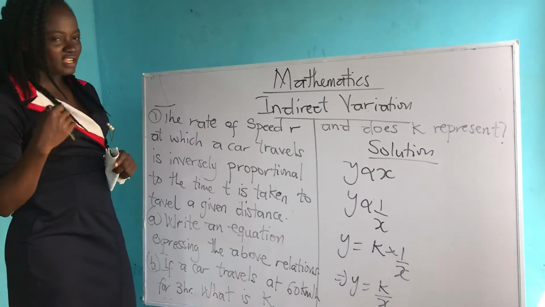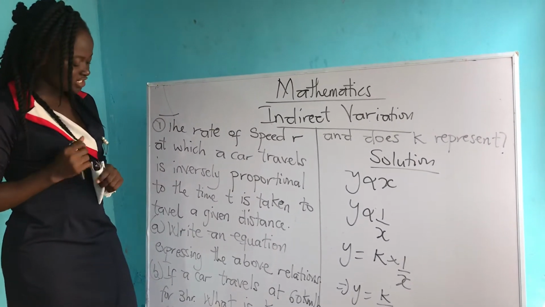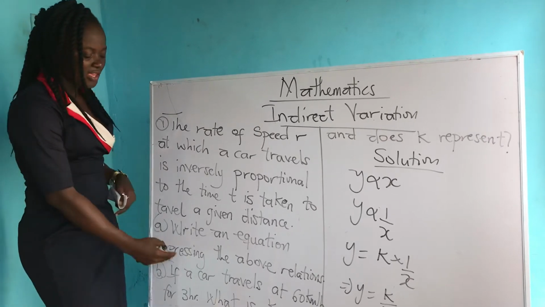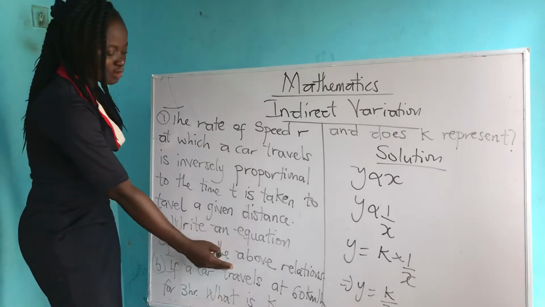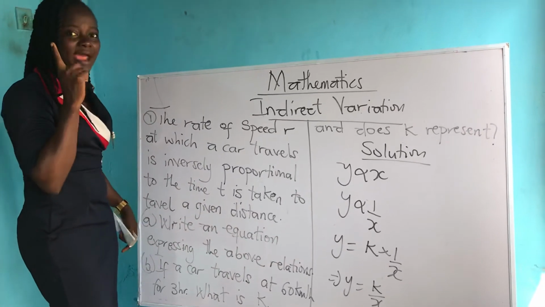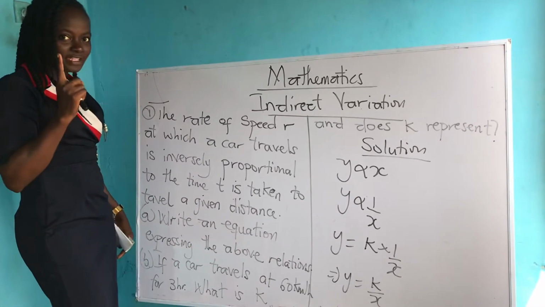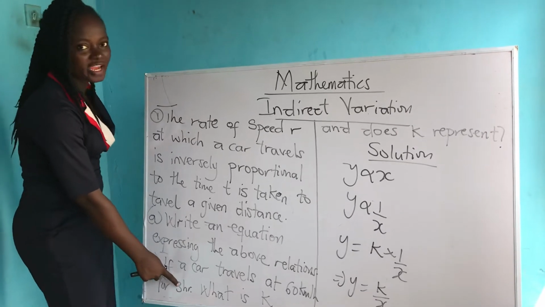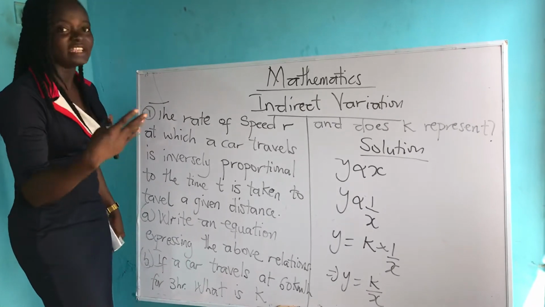Now we go to the second question, which says that if a car travels at 60 kilometers per hour, which is the rate, for 3 hours, what is K?